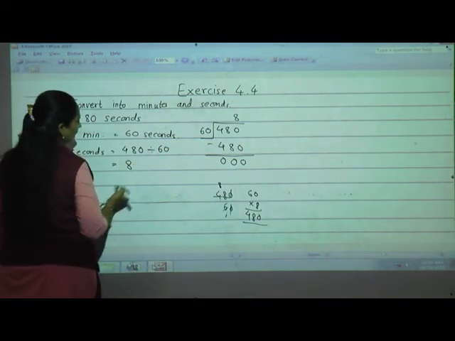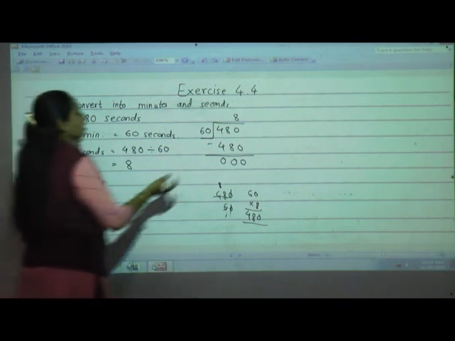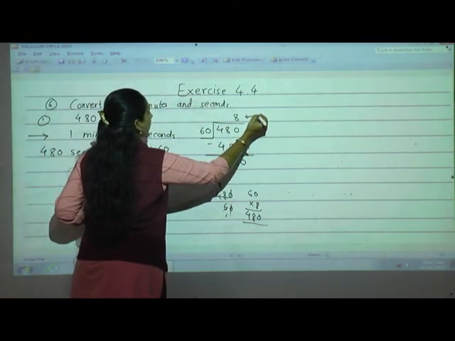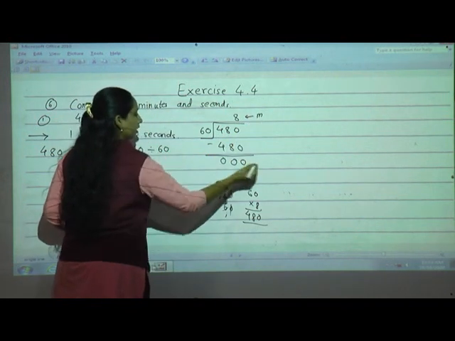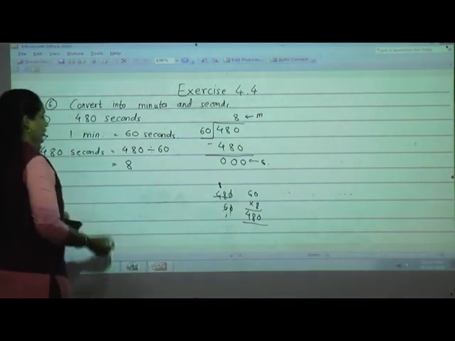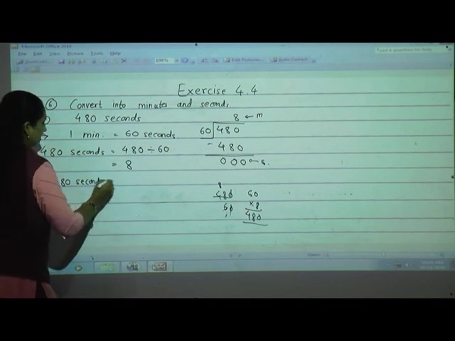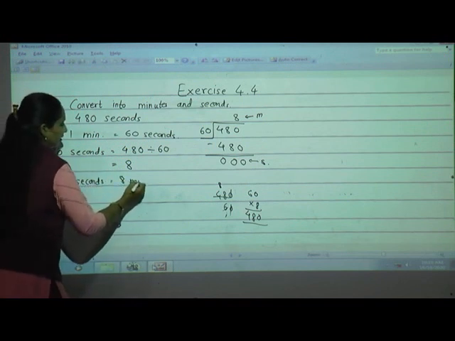8. 8 is what? Minutes. See, we are doing conversion of seconds. So this is minutes, and whatever will remain, that will be seconds. So write once again. 480 seconds is equal to 8 minutes.